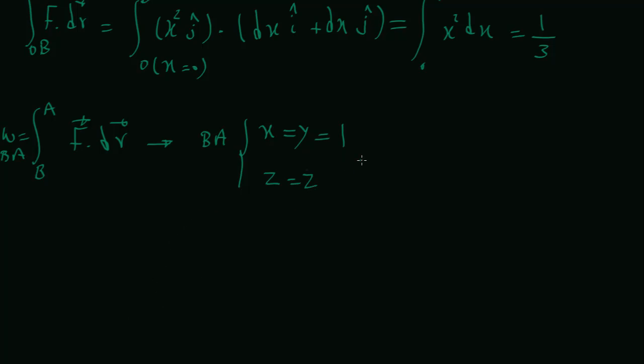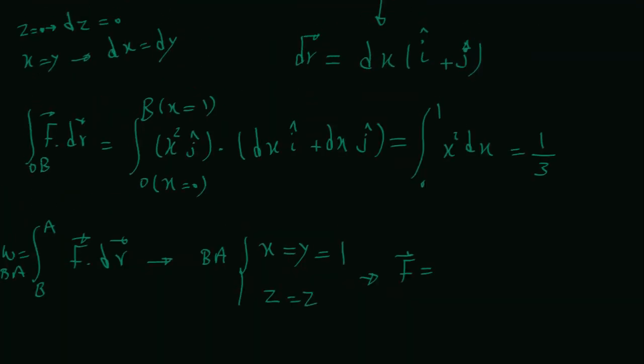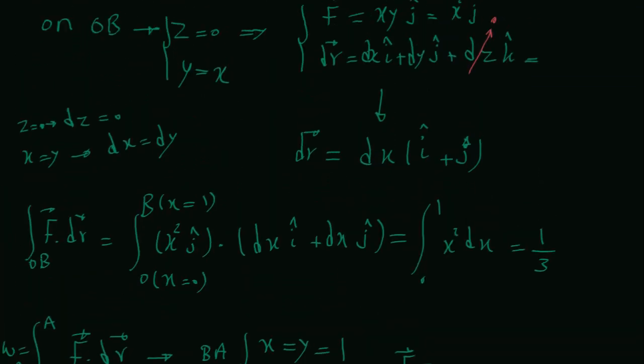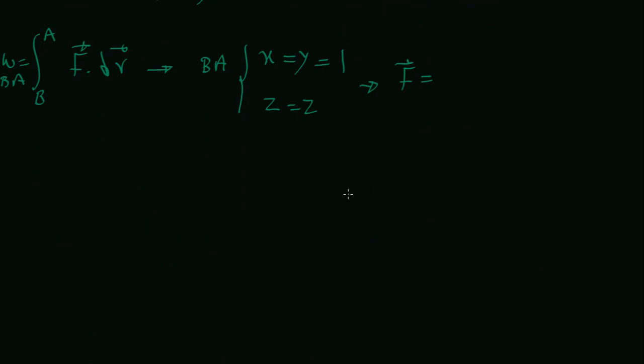Therefore, remember F was yz in the i plus xy in the j plus xz in the k. So just substitute x equal to y equal to 1, and for z we leave it as z.